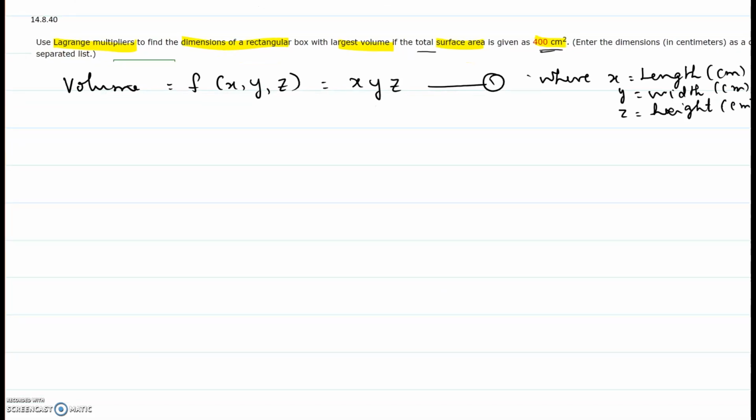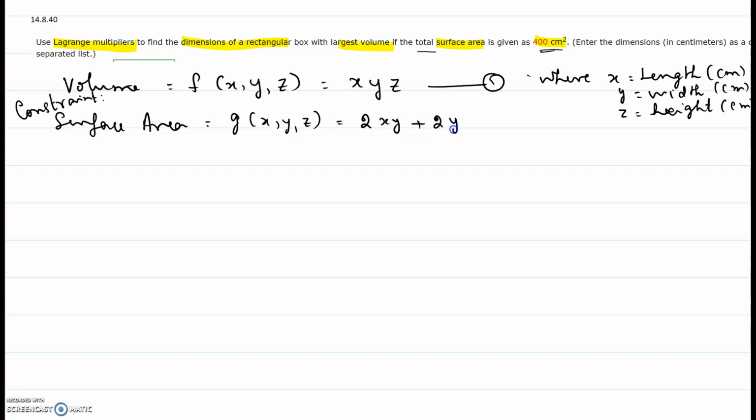Now we will write down the surface area equation. So surface area is the constraint here. That is the constraint function. I'll call that g of xyz, which is the area of the base and the area of the sides and area of the top. So it will be 2 times the area of the base, and the area of the top would be the same. That will be 2 times xy.